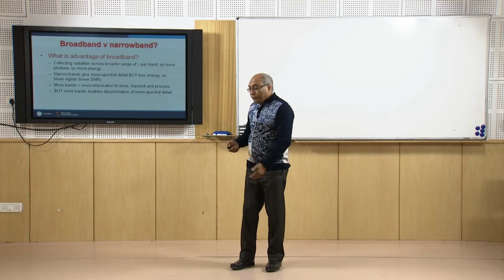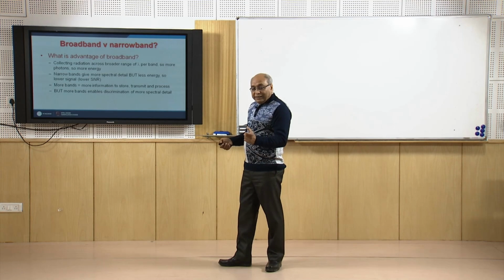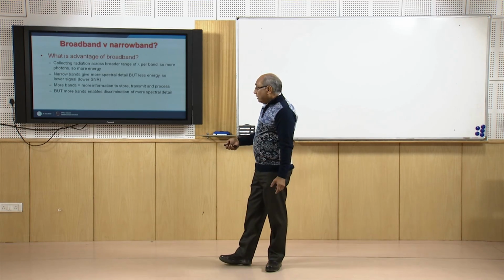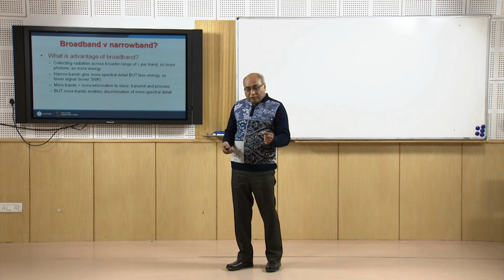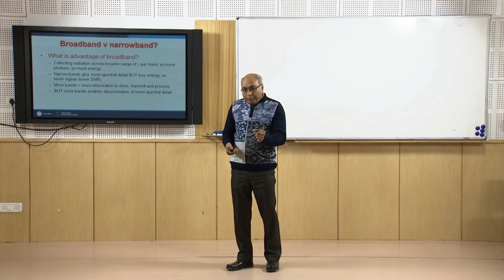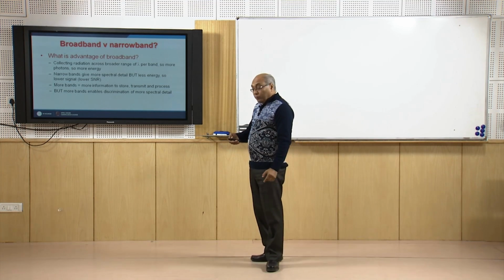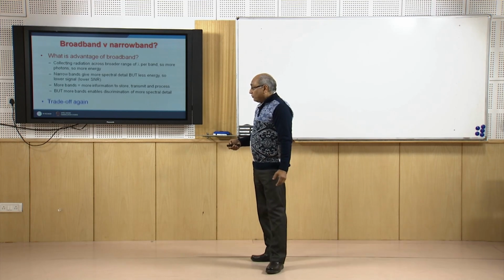So for me, broadband channels or a broadband data set is not going to be useful. I am looking for very narrow band data, more bands data. So immediately I should be able to pick that at this location I am getting the signals of the presence of copper on the surface of the earth.